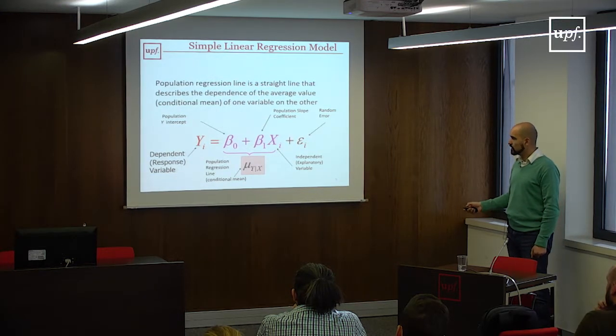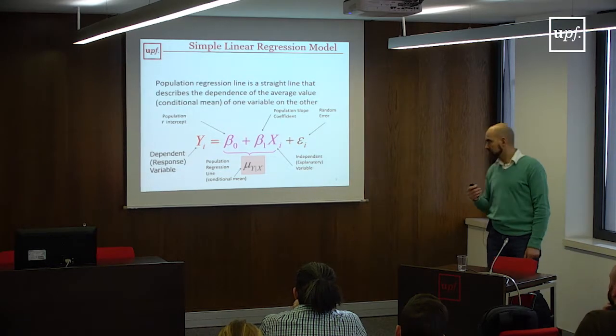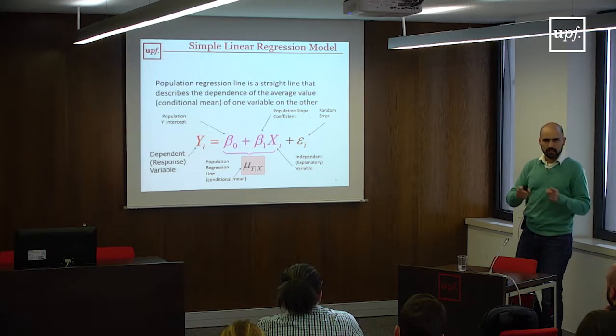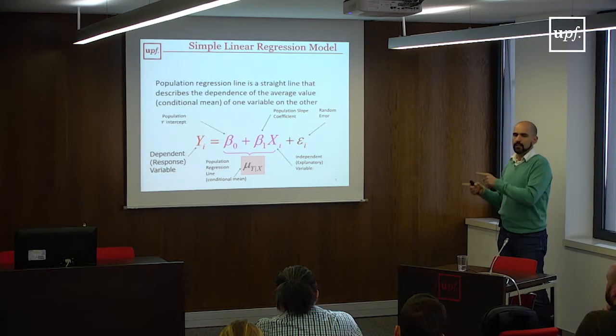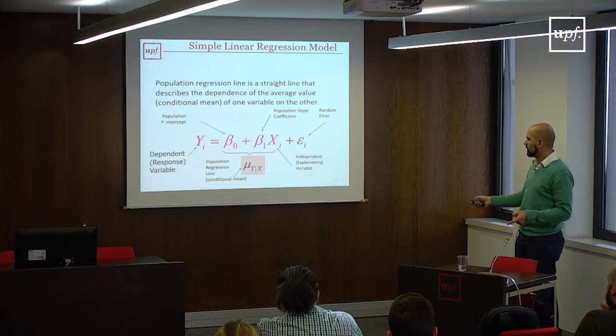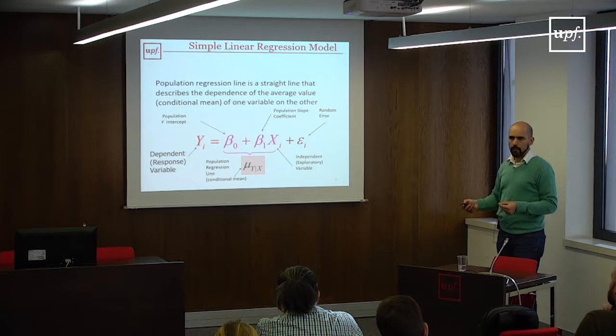This is the conditional mean. So it means, what is the average value of y given this value of x is given by this. And this is the idea of prediction.